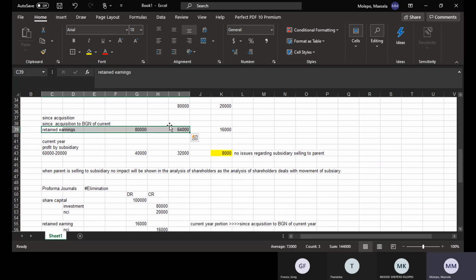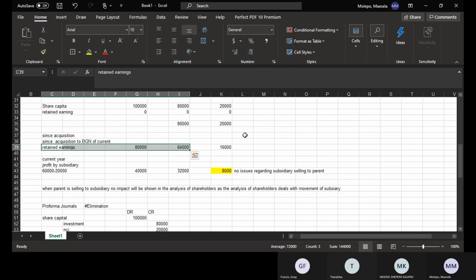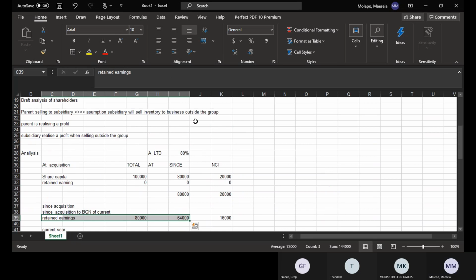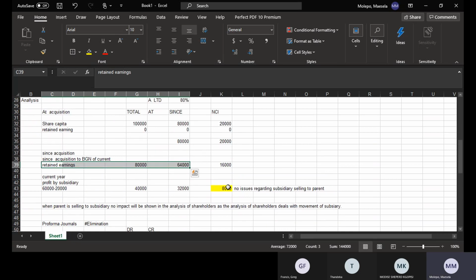And then the 8,000 will come as a result of the non-controlling interest, the one for elimination, when you were eliminating from our analysis, this one, the 8,000. So the 8,000 will represent the profit realized during the current year, which is the same as the 8,000, the one which you showed on your non-controlling interest under the statement of profit and loss. And then we have your totals.